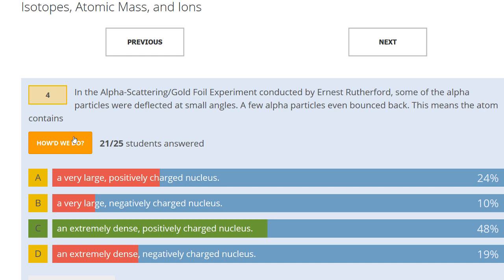If you've ever been into a large stadium like Target Field or US Bank Stadium or the old Metrodome, if you were to have a housefly inside that stadium, comparing the size of the housefly to the size of the stadium is like comparing the size of the nucleus to the size of the atom itself. So there's a very huge difference in terms of the size of the nucleus to the size of the atom.